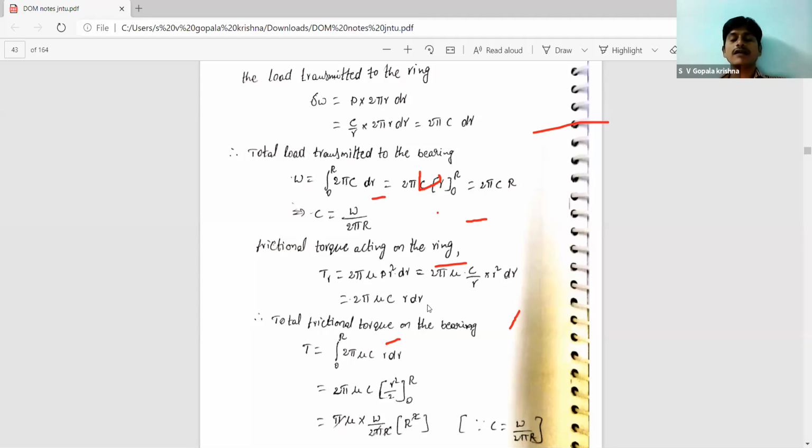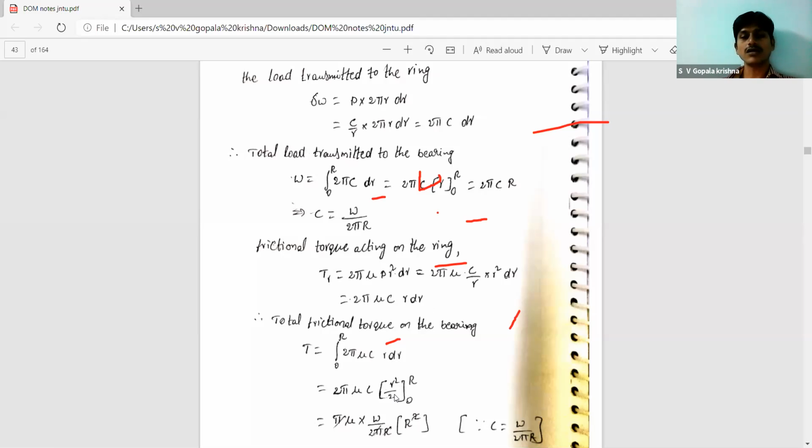Now we calculate the total frictional torque on the bearing. For the total frictional torque, we integrate our equation with the limits of 0 to R. So capital T equals integration from 0 to R of 2 pi mu C r dr. The integration of r dr is r square by 2.